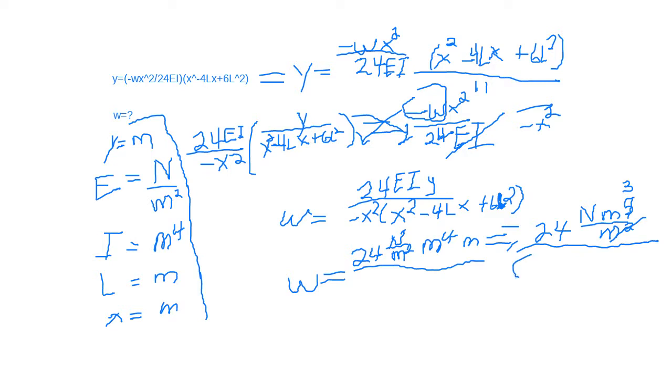We got negative meter squared times positive meter squared, which gives you a negative meters to the fourth. Then we got minus, which ends up being a positive because I'm multiplying it times a negative. You got meter squared times 4 meters squared, so it'll be plus 4 meters to the fourth.